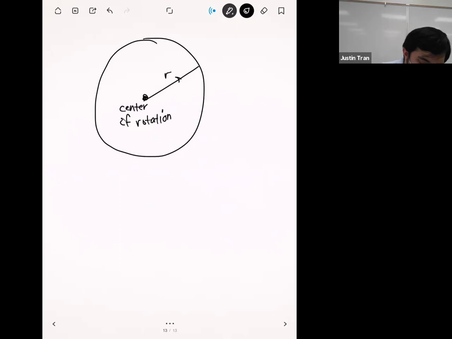And then out here we have the mass. So let's say that we have just an object at the end of a string. This object is going to be rotating around this circle, traveling along this path. The R direction always points from the center out to wherever the object is, and the theta direction is going to point tangent to the circle.